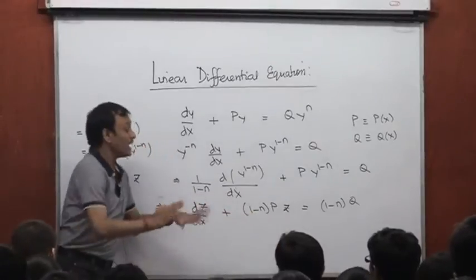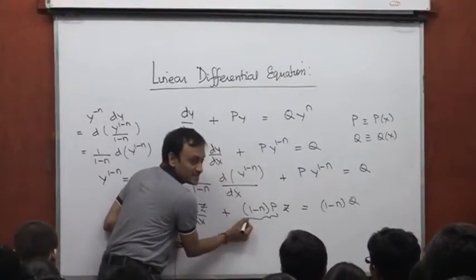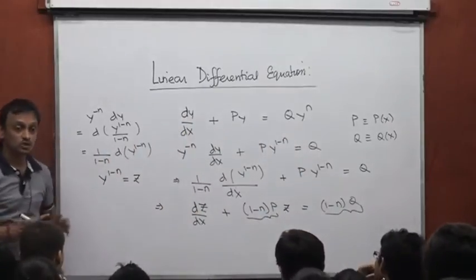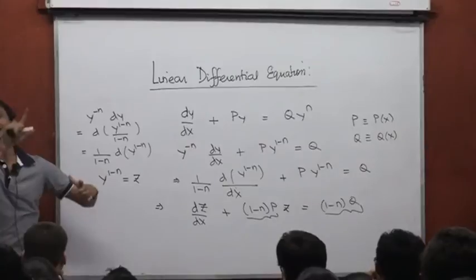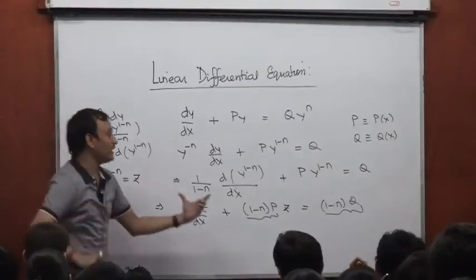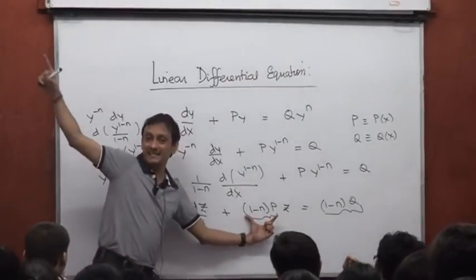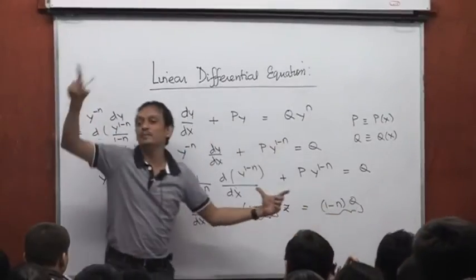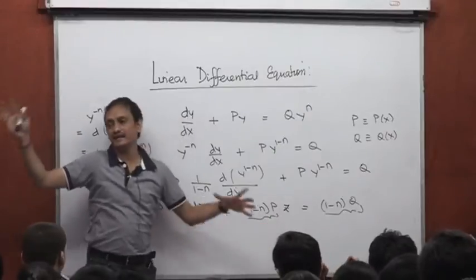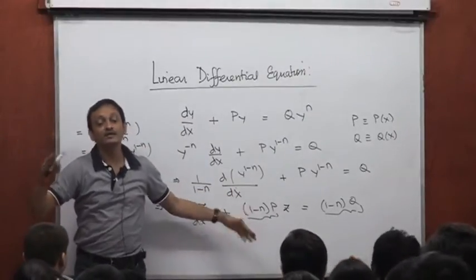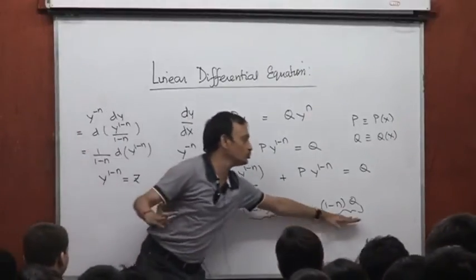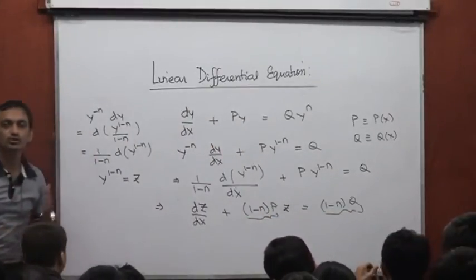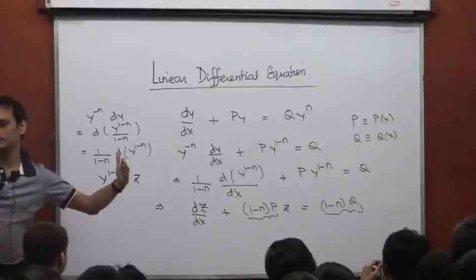The new p is p into 1 minus n, and the new q is q into 1 minus n. So the solution would be z e power integral 1 minus n p dx is integral q into 1 minus n e power integral 1 minus n p dx dx. Instead of p you have 1 minus n p, instead of y you have z, instead of q you have q into 1 minus n. So it gets reduced to a regular linear equation.